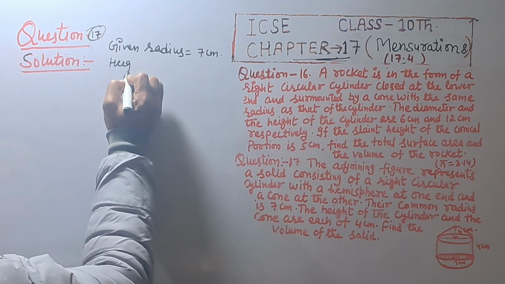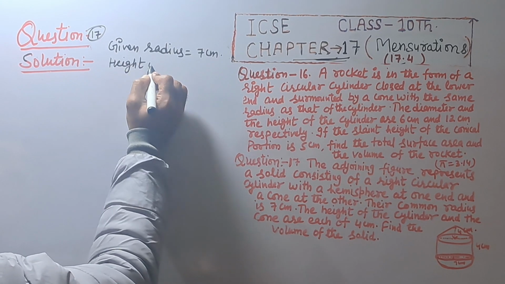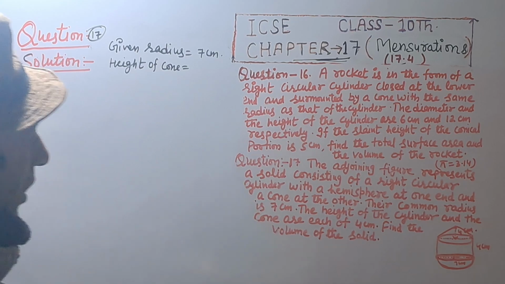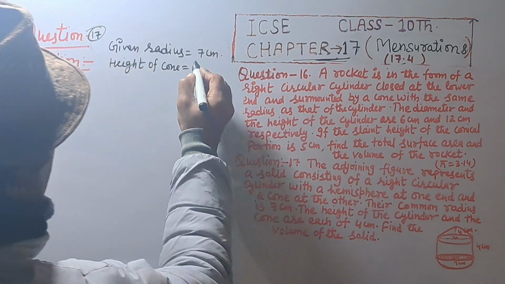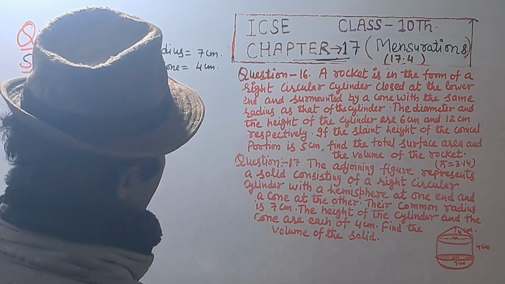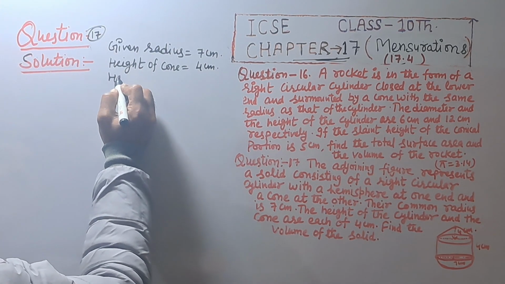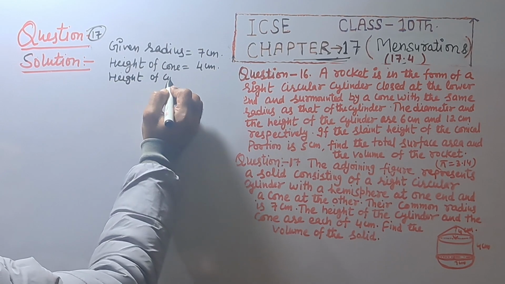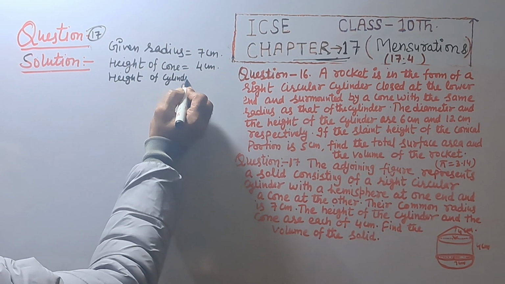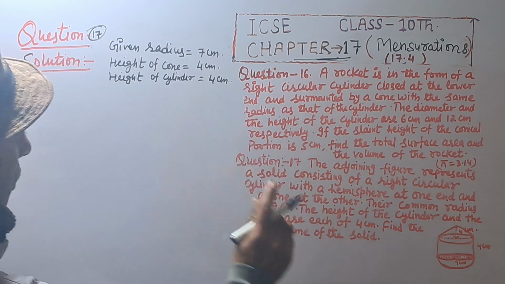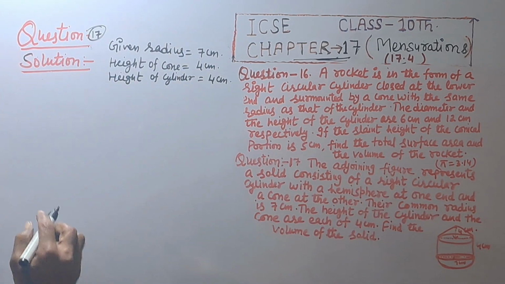And height of cone is 4 cm. Height of cylinder is also 4 cm.